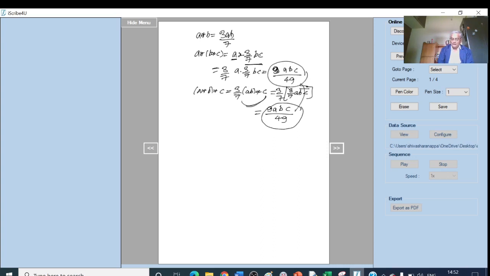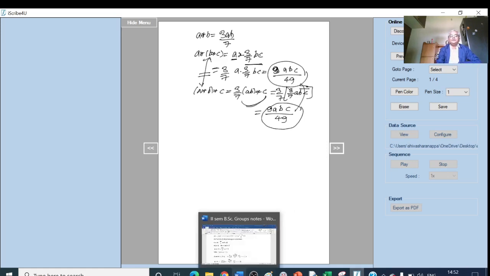These two are equal, so these two are also equal. So in this case the associative law holds.